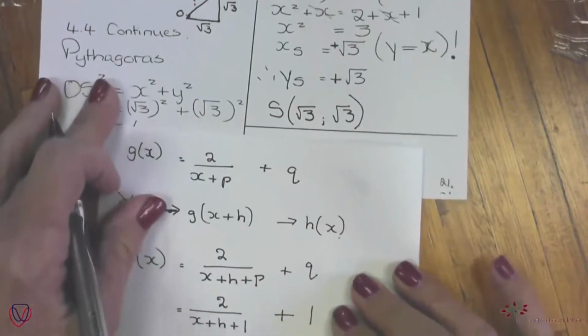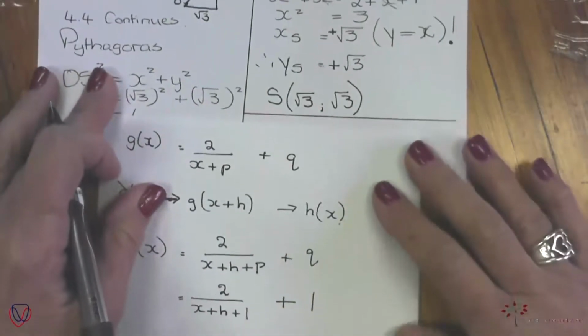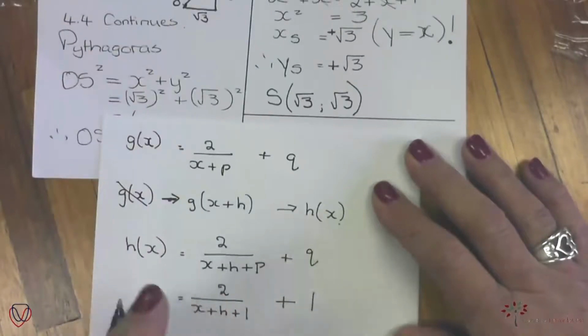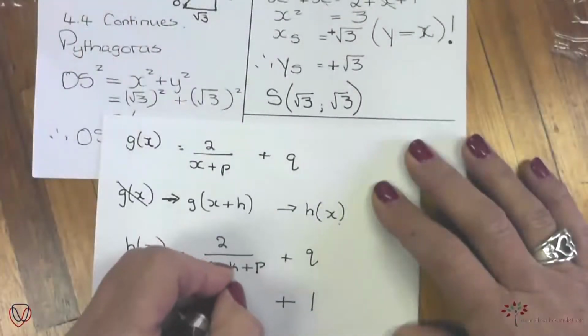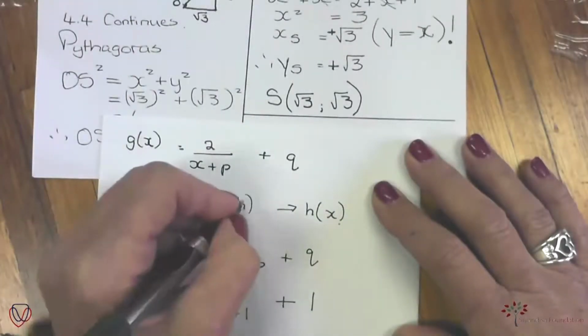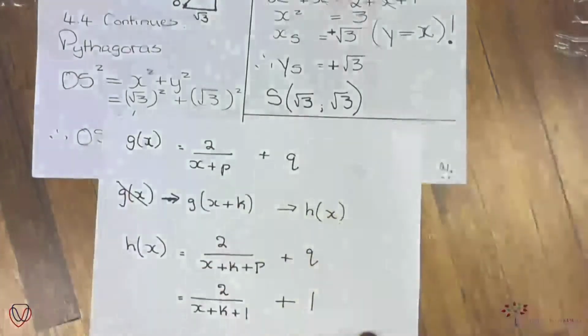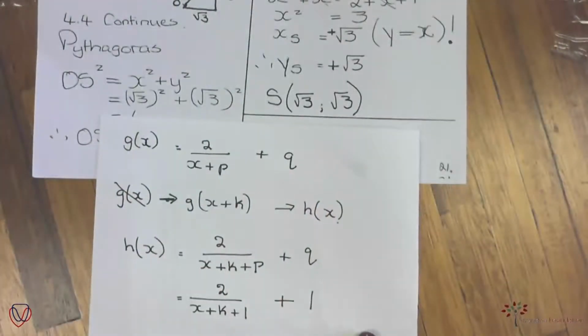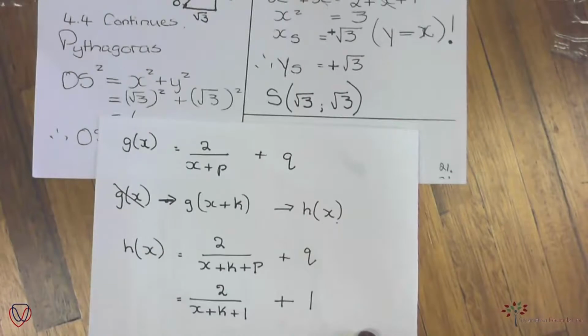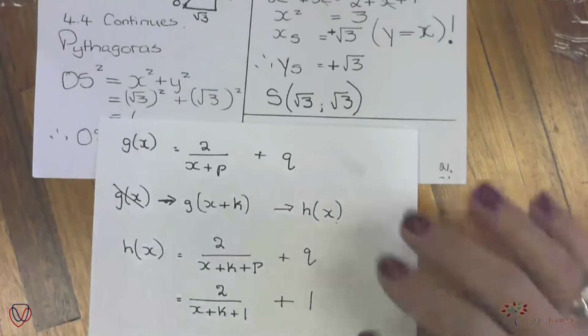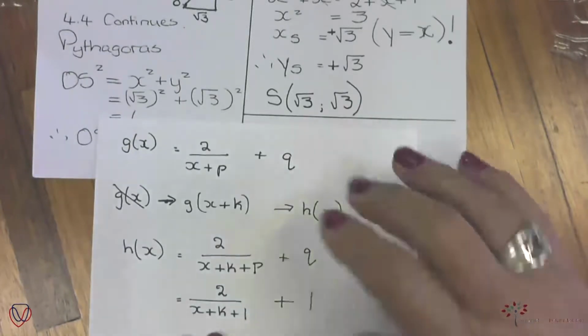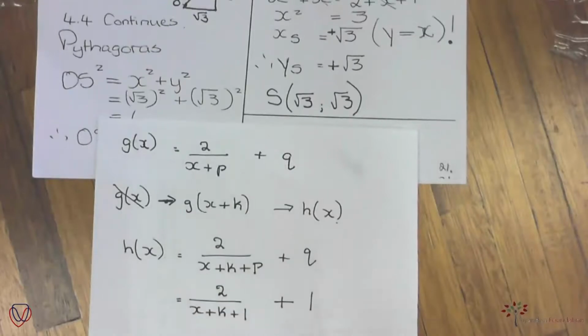I'm writing h all the time, but they said x plus k. Sorry, k there. So, the question, for which values of k will the equation have two real roots of opposite signs? So it's the x value of the graph that changes.